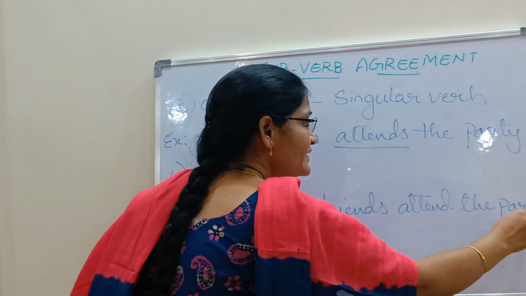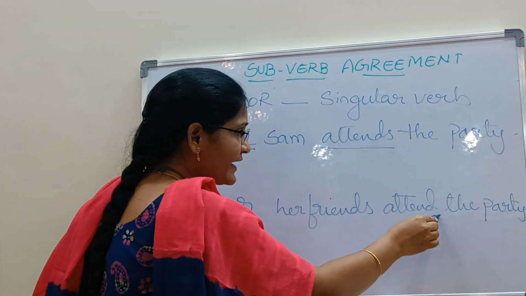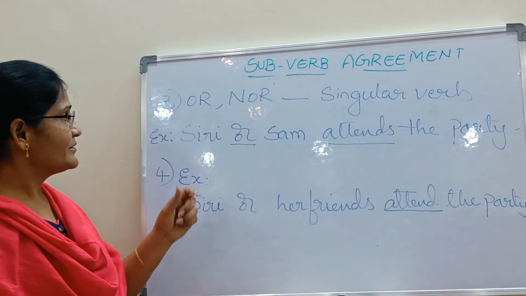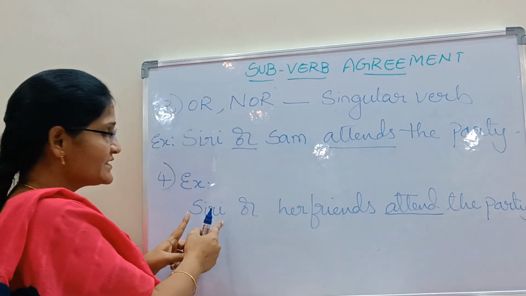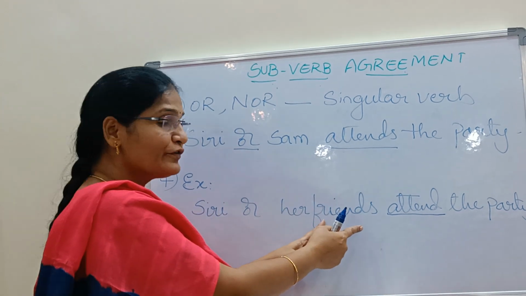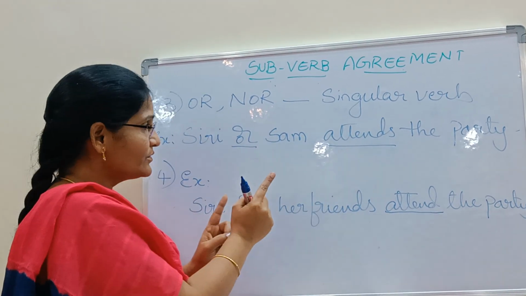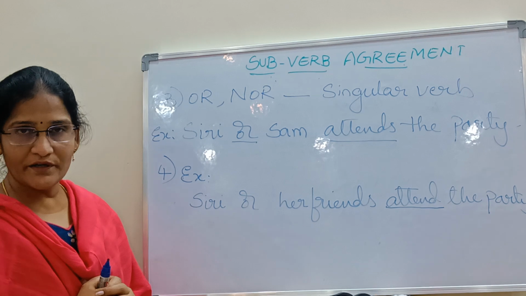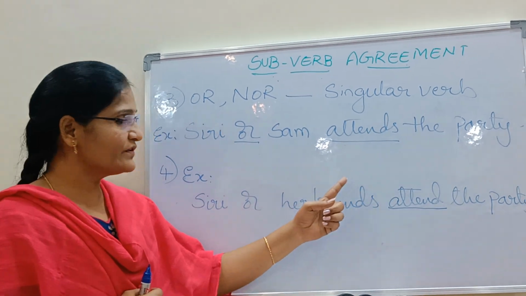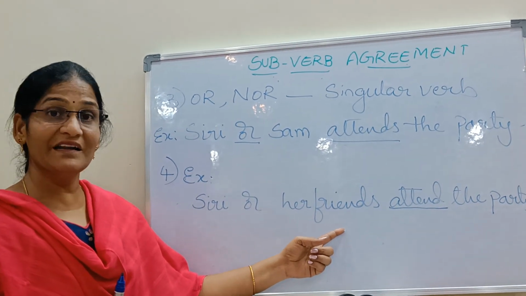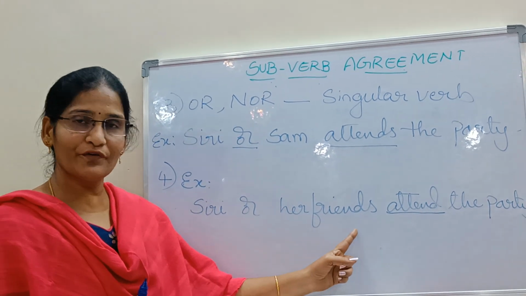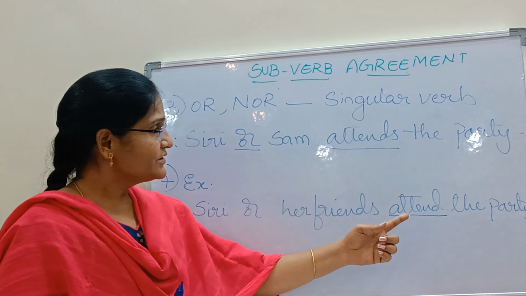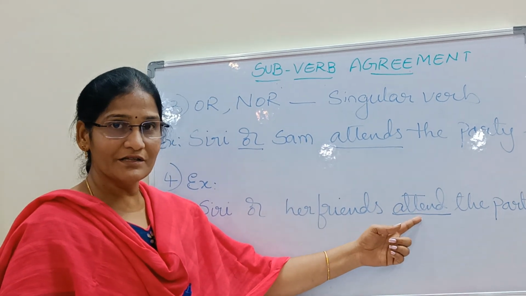Here I have used "attend" because Siri is singular and friends is plural. So in this kind of situation, the verb agrees with the closest or nearest subject. Two subjects are there, Siri and friends, and "attend" is the verb.